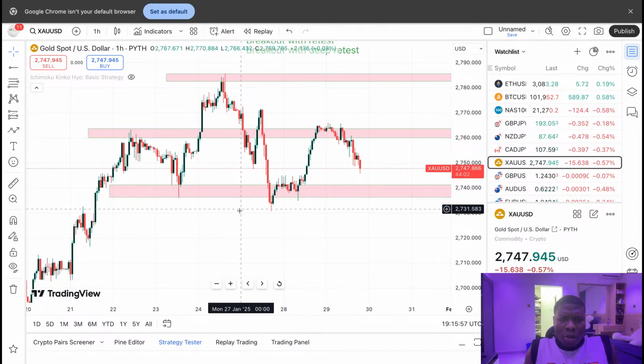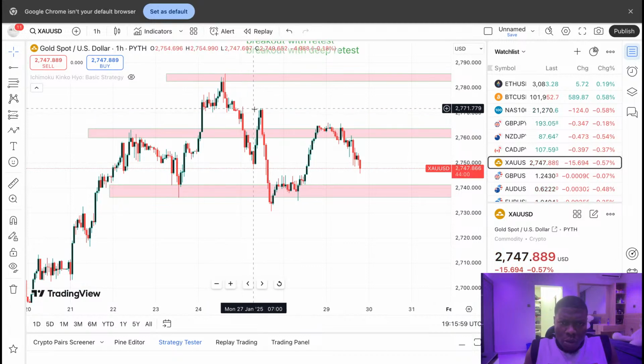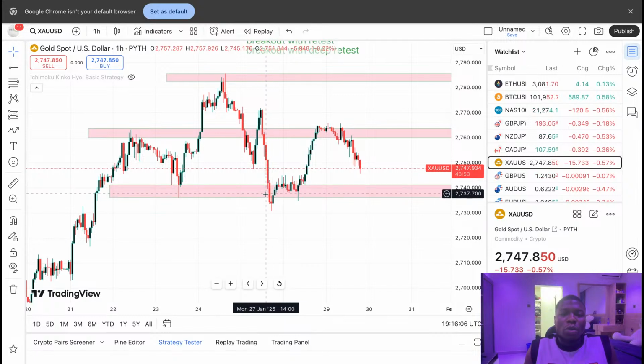Okay. Now, when this was coming down, there was a breakout at this region. I know a lot of people will be jumping in to take a shot, but always wait for your confirmation before taking your trade. It's very, very important. When there is a breakout, don't jump in yet. Always wait for confirmation.